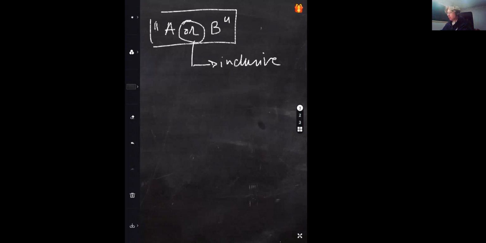Now, if that or was exclusive, then this disjunction would mean A or B, not both, or either A or B, right? So exclusive means that one of the two is excluded, while inclusive or means that A or B is true, or both of them. And that sometimes can be a bit confusing, at least for me.